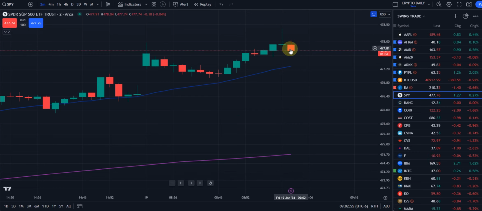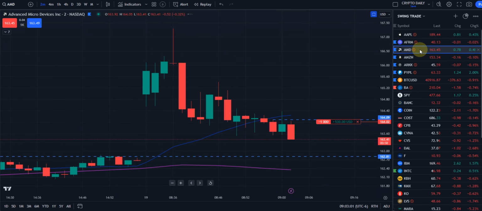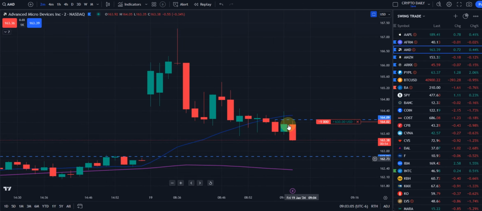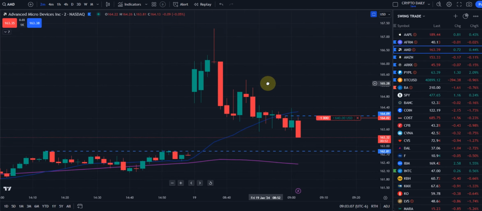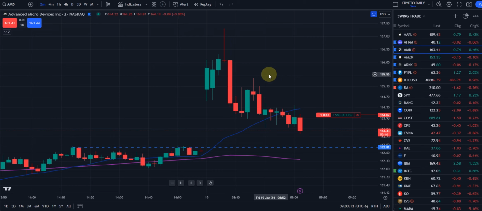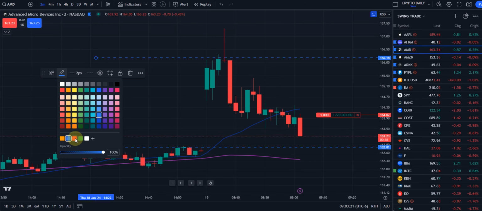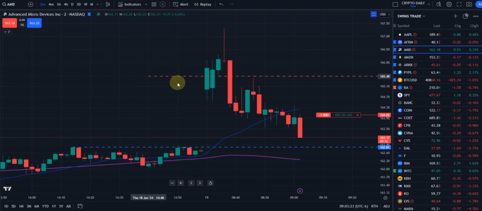Sell off. Maybe we'll pull back here with some force. And see, there we go. Then we can drag it down here to that blue dash line at the bottom. Take that off. That's what we want right there.